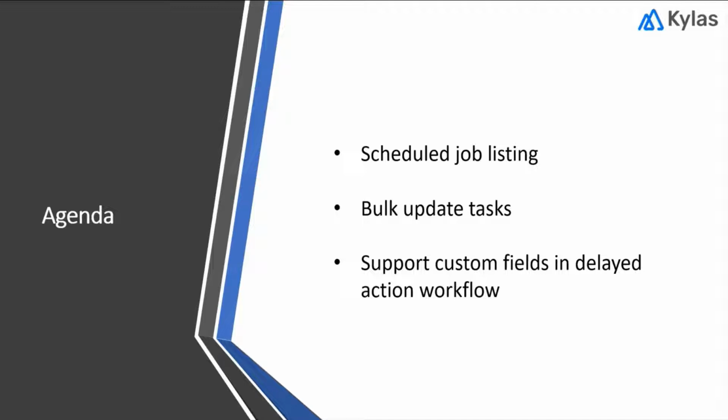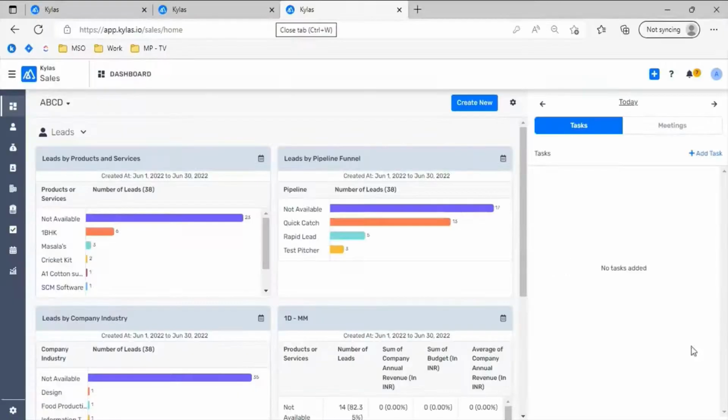Okay. So before starting with our webinar and looking at it in the actual system, the first thing that I would do, I'm sharing my screen of CRM. As soon as we log in to the CRM application, the first thing that we would be seeing on the screen is the dashboard.